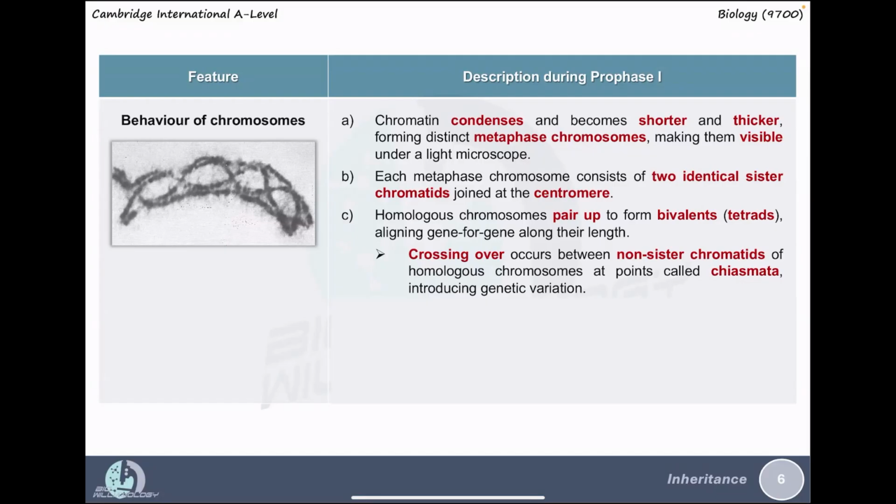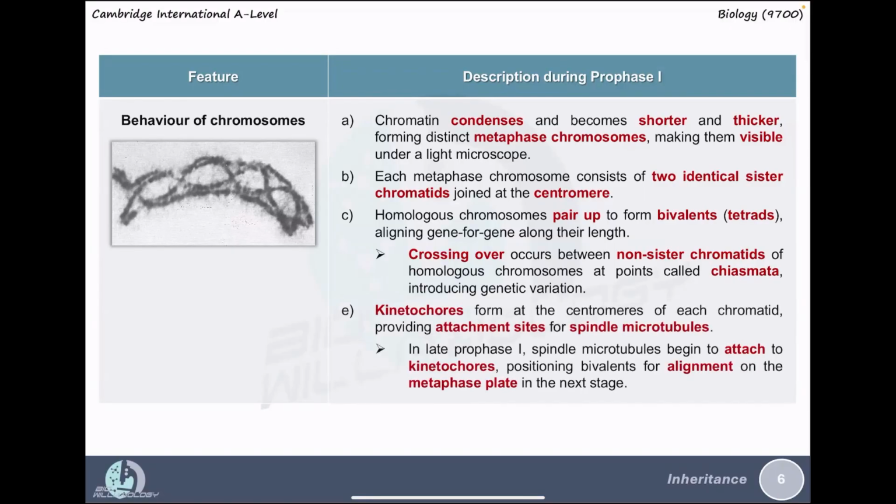So after the homologous chromosomes pair up to form a bivalent, crossing over occurs between non-sister chromatids of homologous chromosomes at a point known as chiasmata, and this event, crossing over, introduces genetic variation.